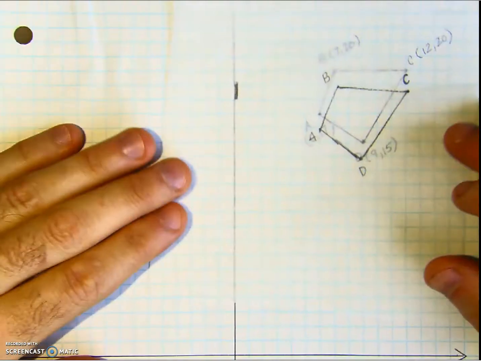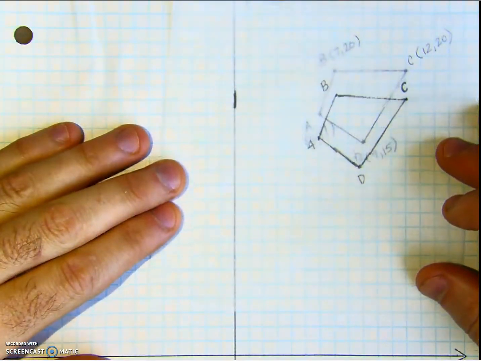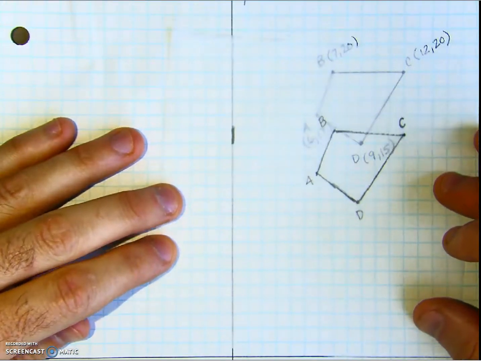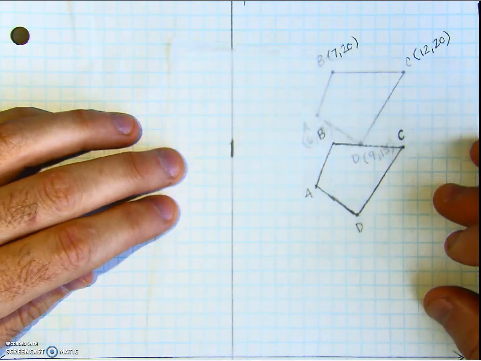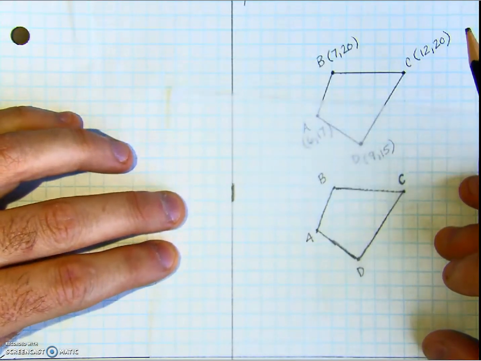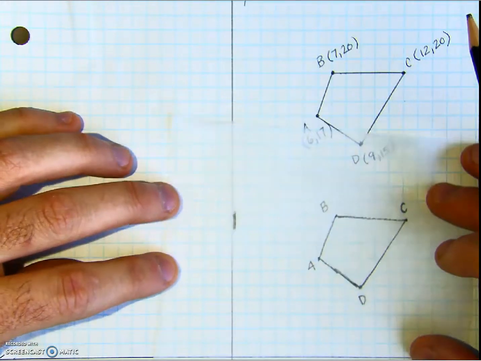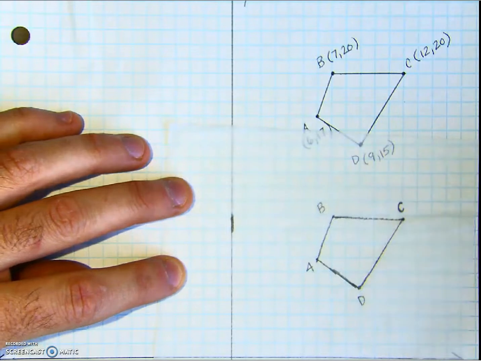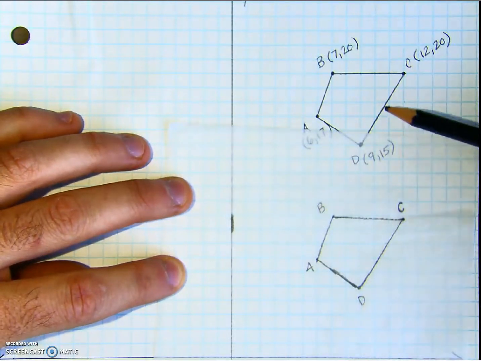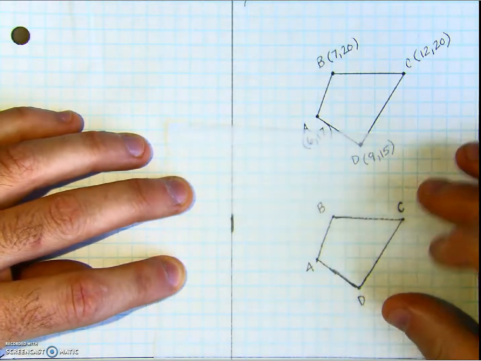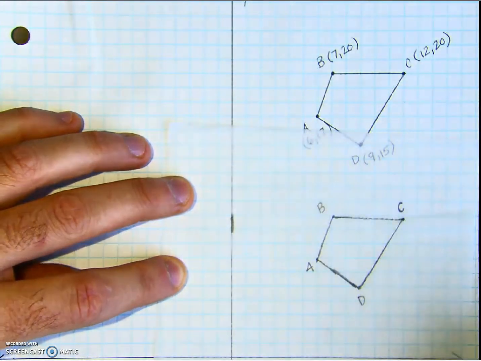As I move it down twice, and 3 times, and 4, 5, 6, 7, 8, 9, 10, this right here would be a slide or a translation of 10 units downwards. And that puts that right here.